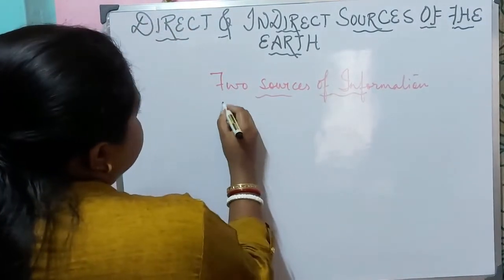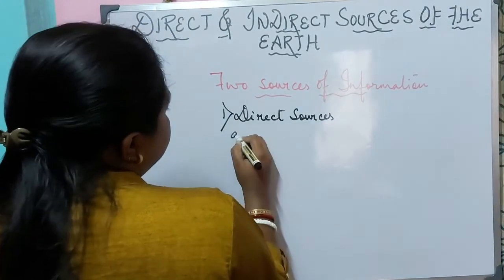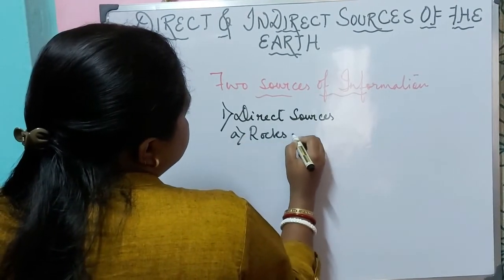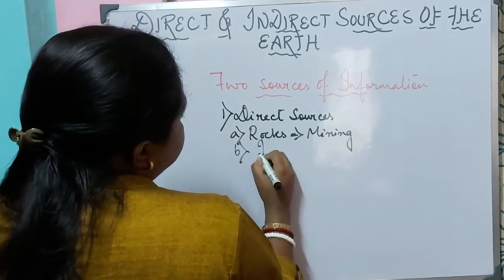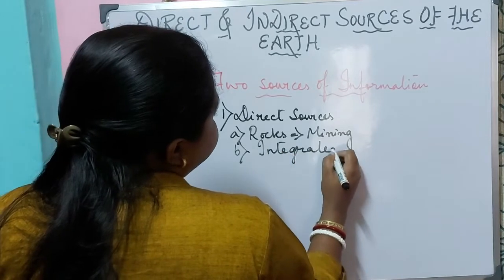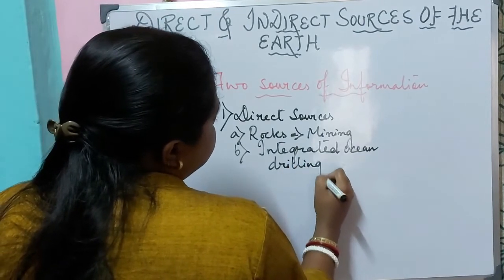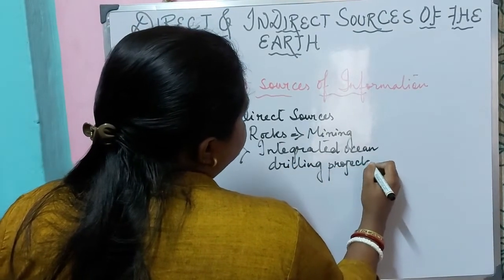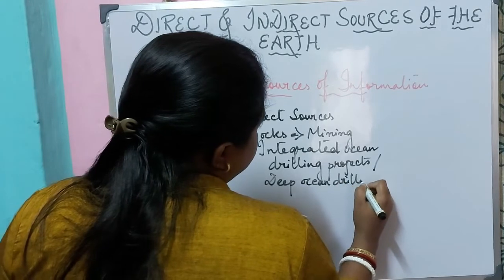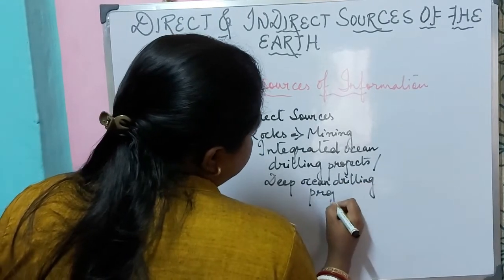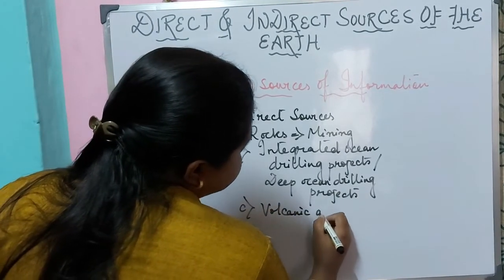They are the direct sources, like the rocks that we get from mining or from the surface of the earth, the Integrated Ocean Drilling Project or the Deep Ocean Drilling Project, and volcanic activity.